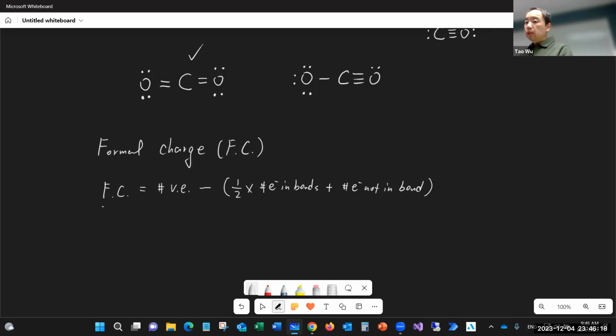This equation looks complicated, but actually it's not that complicated. Let's just use this carbon dioxide as an example.